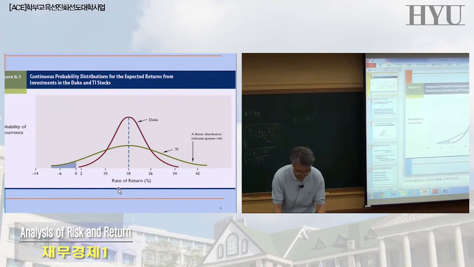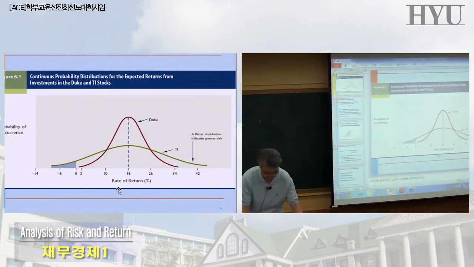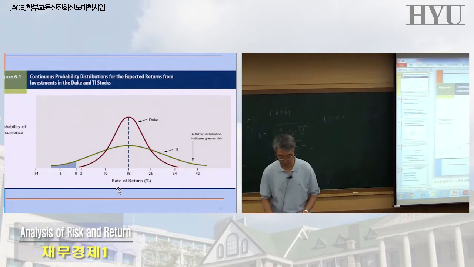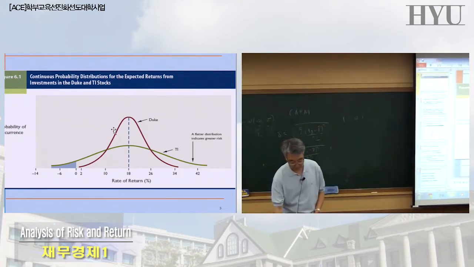Graphically, this is the situation. We have the return variability, or distribution, of Duke stock. And we found that both Duke and TI stock returns are centered at 18%, right?